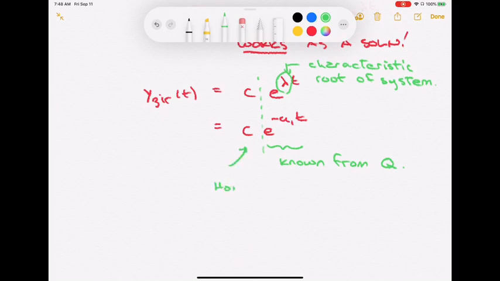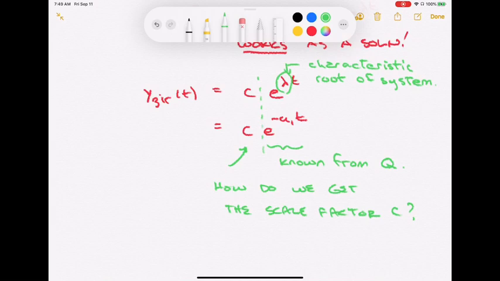So how do we get the scale factor c? If you think about it, our solution here scales directly with c. So you're always going to get the exponential. You can't change that shape. That's connected to the underlying differential equation form.